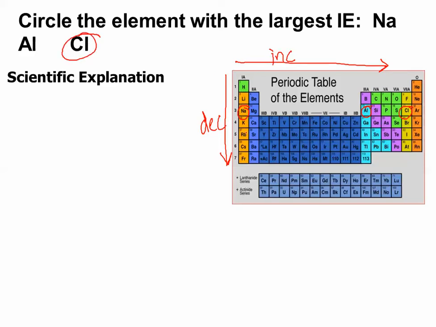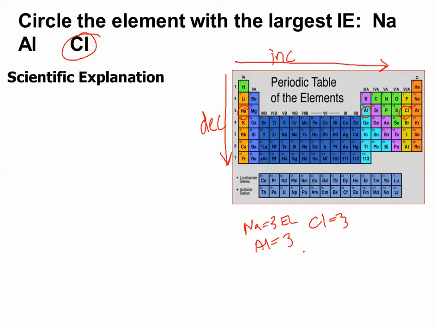Well, sodium has 3 energy levels. Aluminum has 3. And chlorine has 3. So they all have the same number of energy levels.